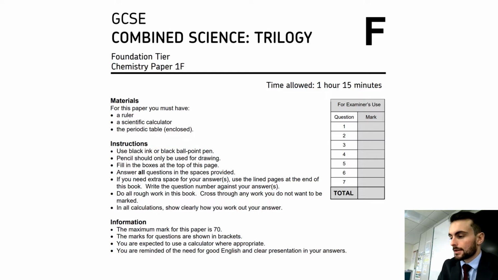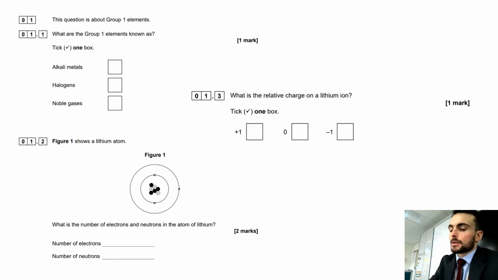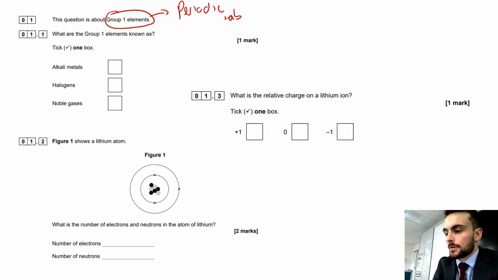So let's start. This question is about group 1 elements. As soon as it says group 1 elements, I am immediately thinking about the periodic table, which you are given in your exam. What are the group 1 elements known as? You only need to know the names of three of the groups.